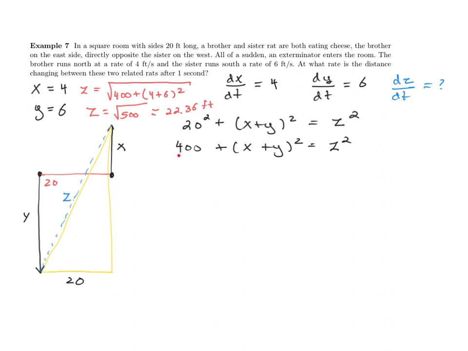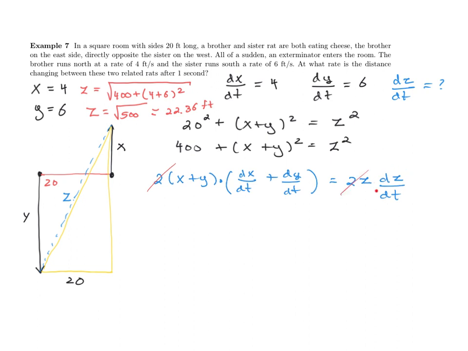If you take the derivative of 400, it's 0. Starting here, when we take the derivative, we get 2 times (x plus y) to the first. By the chain rule, we have to multiply by the derivative of the inside, which is dx/dt plus dy/dt. On the other side of my equation, I get 2z dz/dt. Here, I can cancel 2 from both sides of my equation.